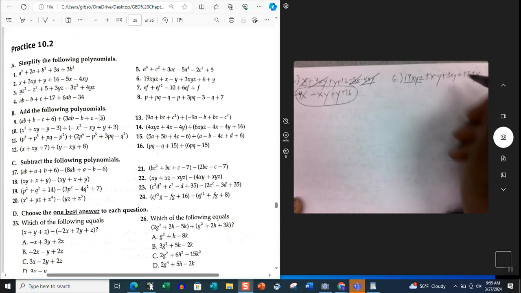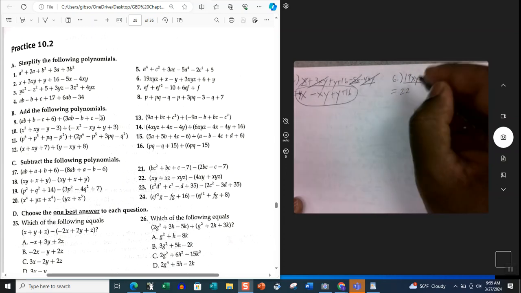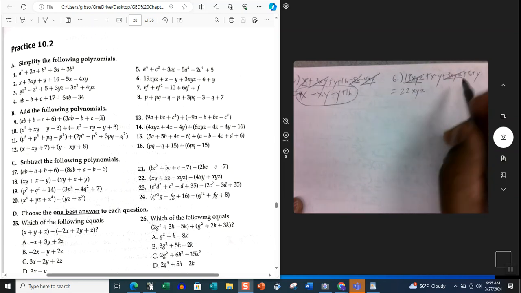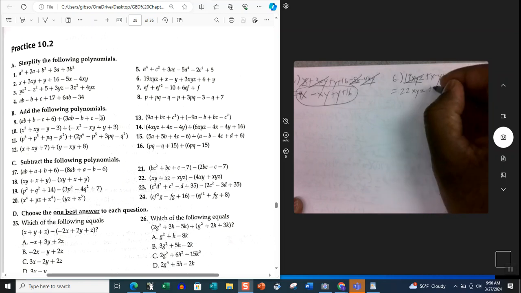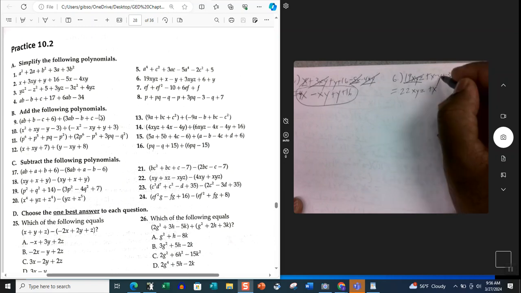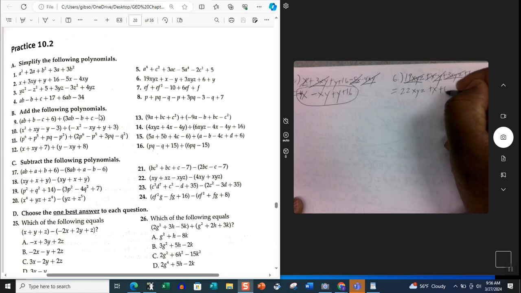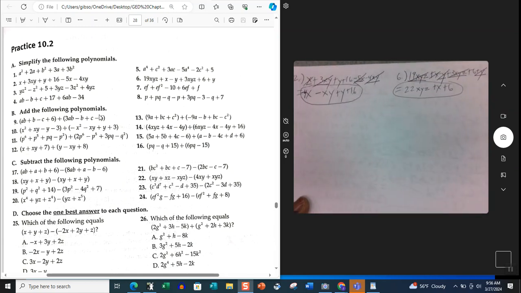So 19xyz and 3xyz are like terms, and that'll give you 22xyz. And then we have no like term for the x, but we do have a like term for the y. Negative y plus y, they simplify each other out to 0, and you'll be left with the plus 6. So that is your final answer for problem number 6.